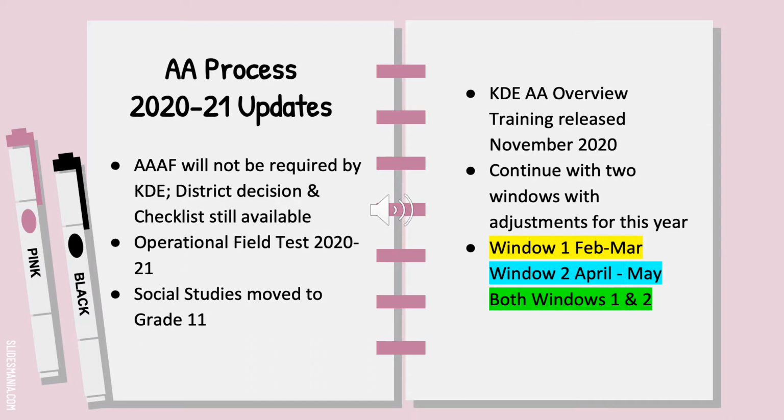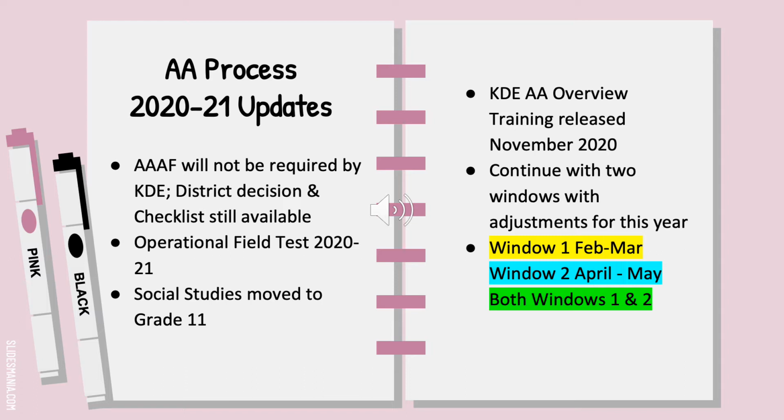So this year, the AAAF, otherwise known as the Alternate Assessment Accountability Folder, will no longer be required by the Kentucky Department of Education. However, districts may require the AAAF to be maintained by you in your classroom. The best way to figure this out is to contact your DOS.